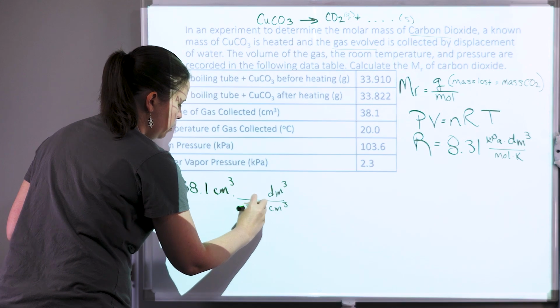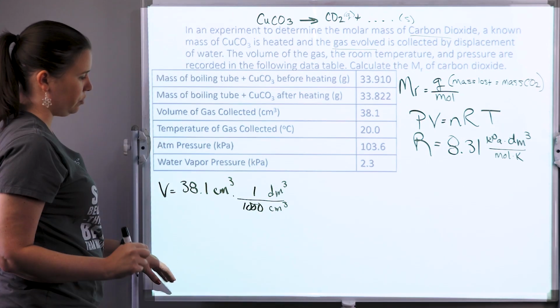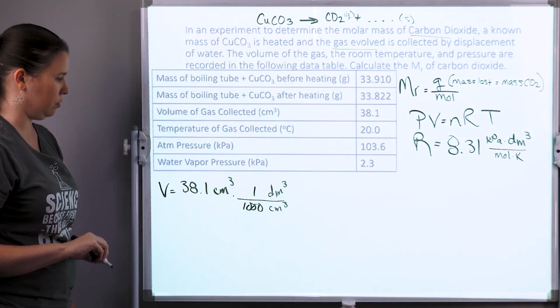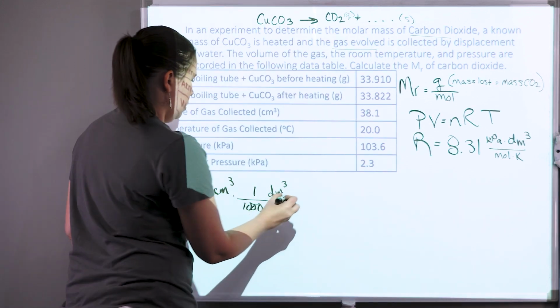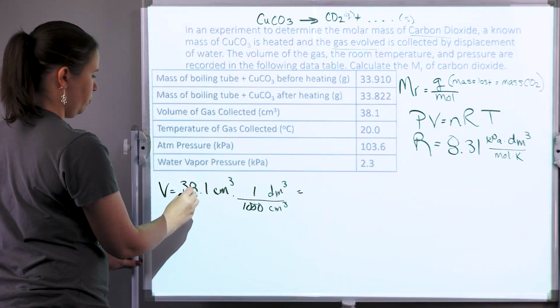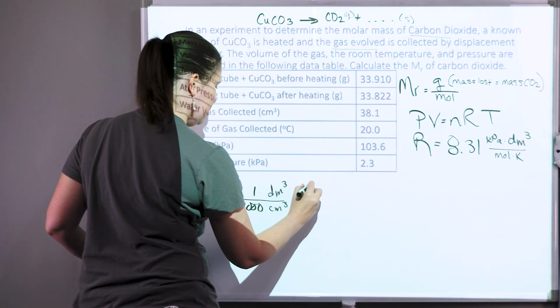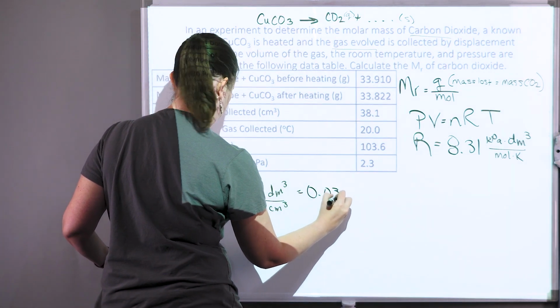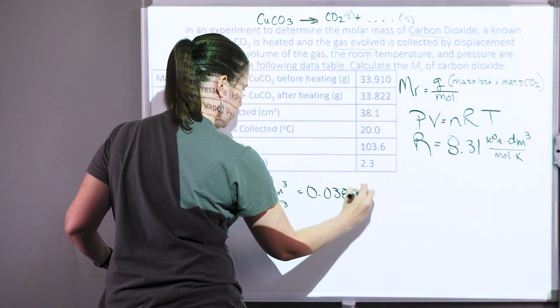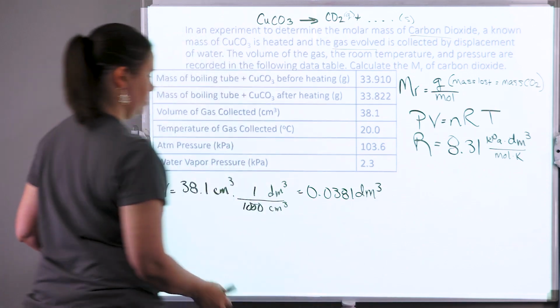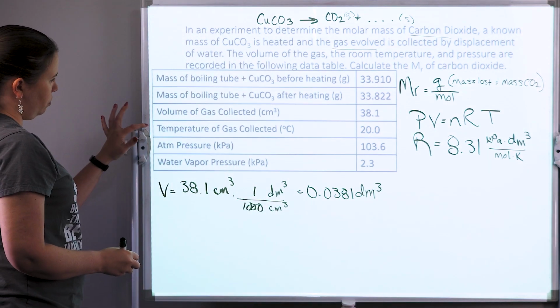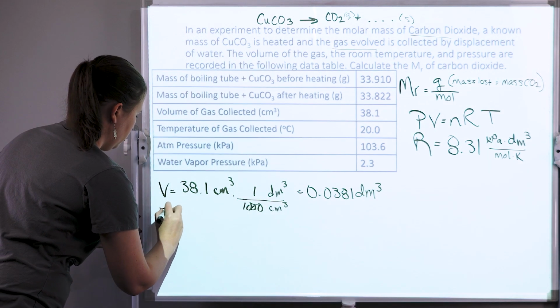So it's like 1,000 milliliters per liter, or 1,000 centimeters cubed per decimeter cubed. All right, so essentially I'm moving my decimal back 3 places. 0.0381 decimeters cubed.